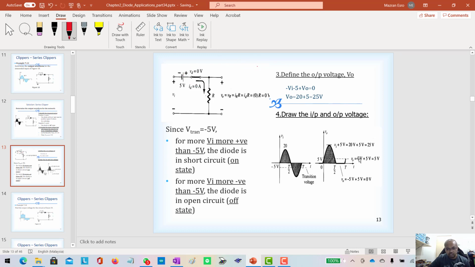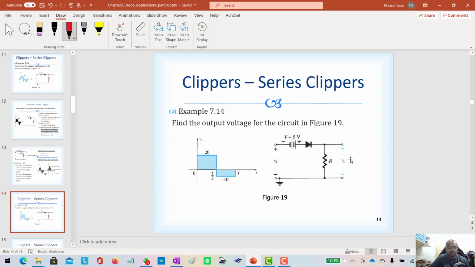So all the calculations there will not be used. You follow my example calculation. In your exam or test or lab, you will have to follow the actual diode. If it's mentioned as silicon, then you use 0.7. But most of the time I will be using silicon.